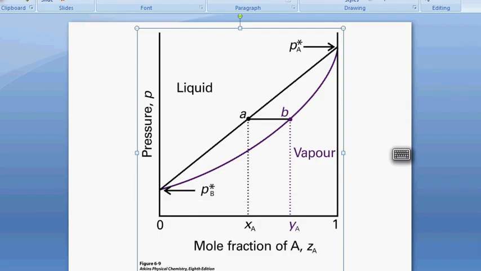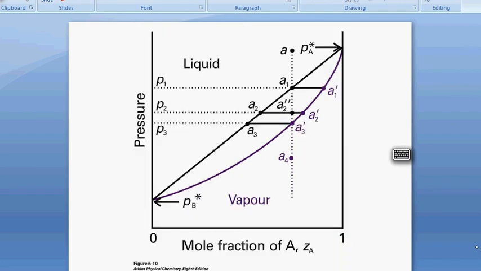If you wish to clarify things, look at the diagrams over here, which are definitely much better than what I wrote. So if I am at point A1, then A1 prime is the amount that is present in the vapor. If I am at point A2 double prime, so I have been reducing the pressure, so I will slowly traverse down over here.